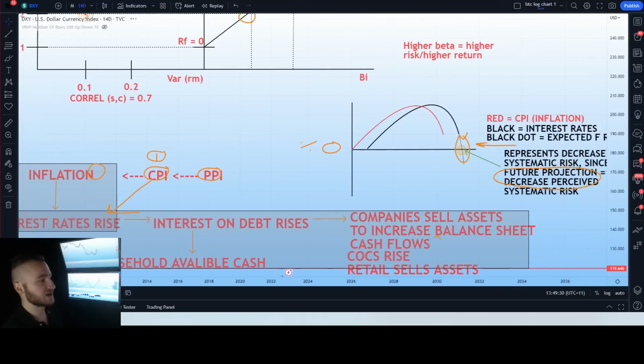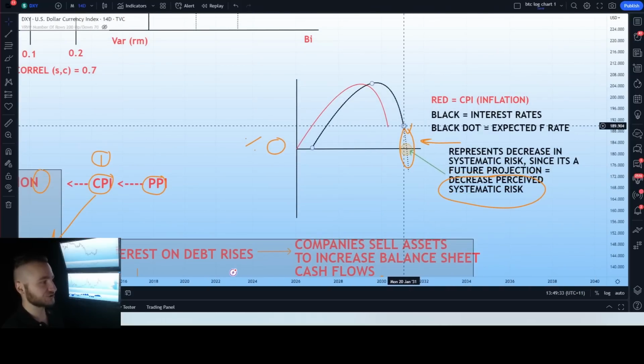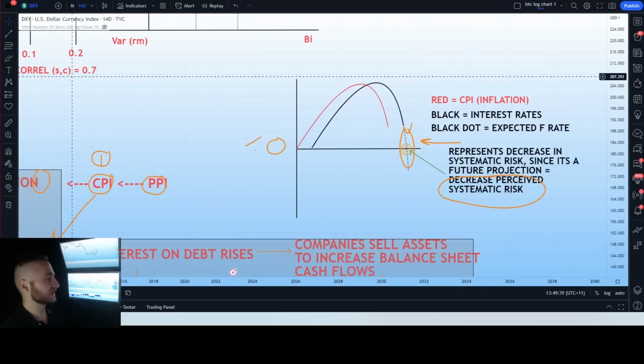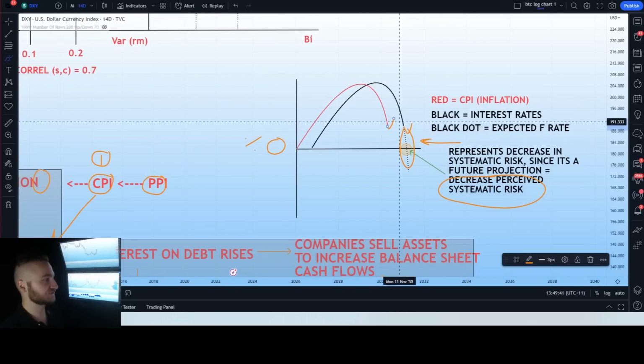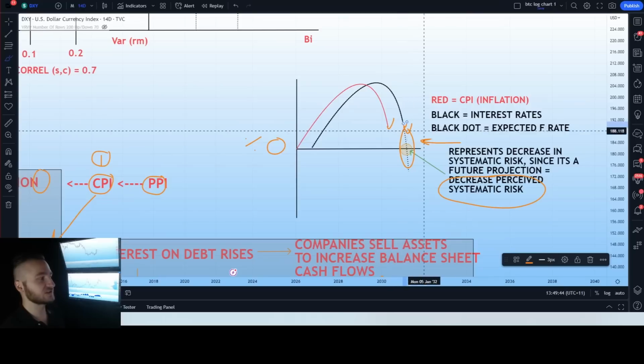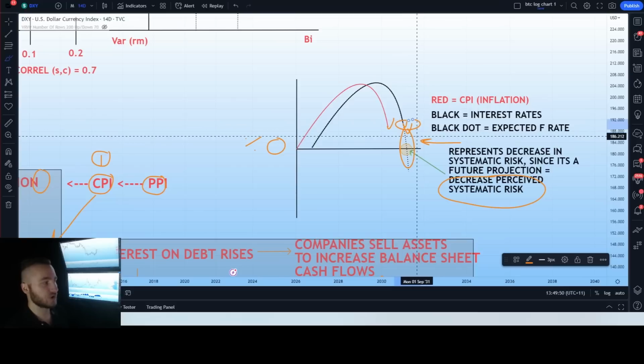We talked about this over here. We talked about the expected trajectory of the interest rates dropping over the next few months. Now that we saw CPI rise, we could potentially see those interest rates rise a little bit going forward, or at least stagnate around the current rate and not drop for a little bit longer.